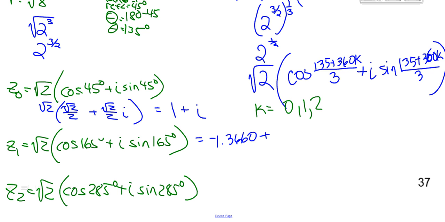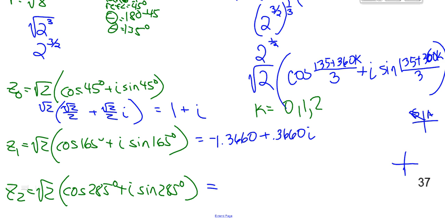Plus something i. So the sine of 165. And think about the fact that 165 is over there somewhere. All students, so sine should be positive. What did you get? And same thing down here, square root of 2 times cosine of 285.